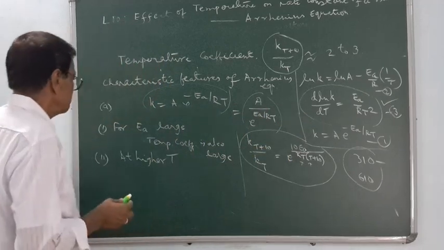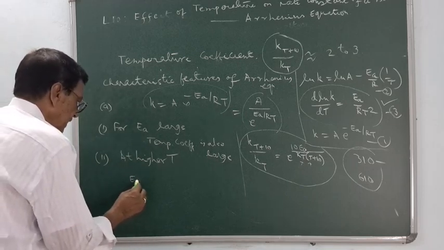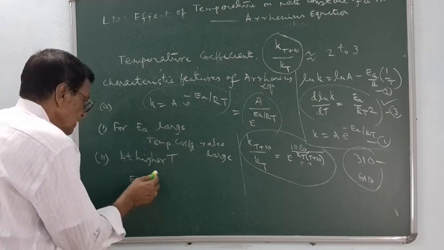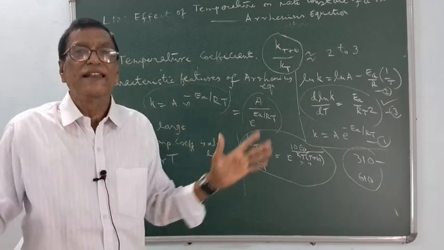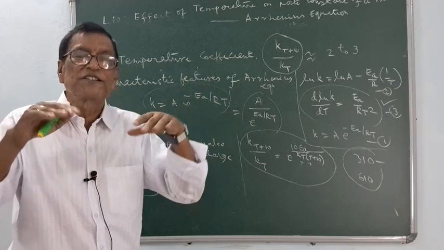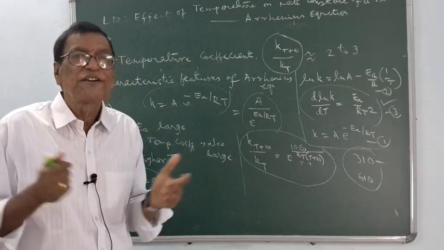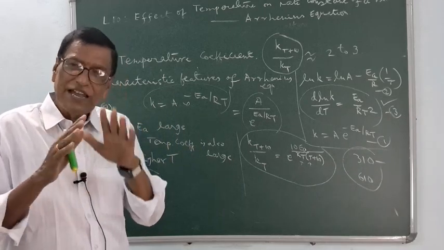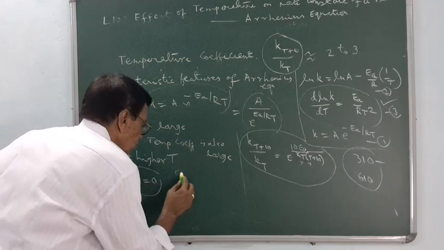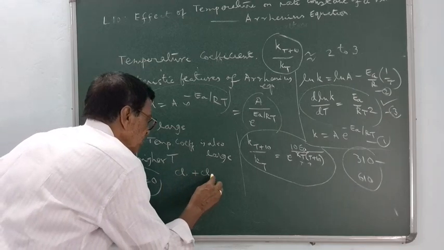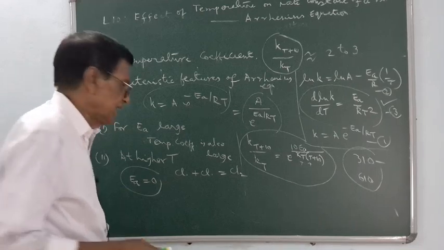And the last one, Ea equal to 0. Say for a reaction having activation energy nil. No activation energy is required for this reaction to convert into product. And there are several types of such reactions. Free radical reactions, chlorine dot plus chlorine dot gives Cl2. There are so many reactions.